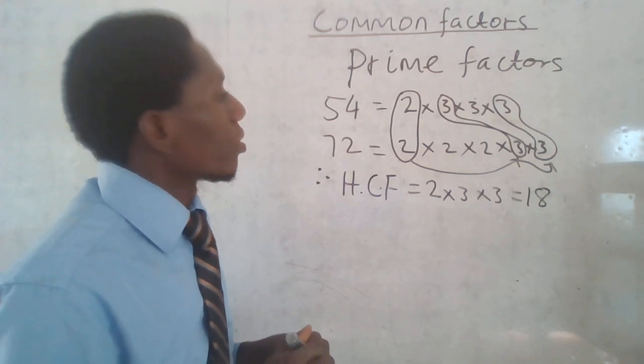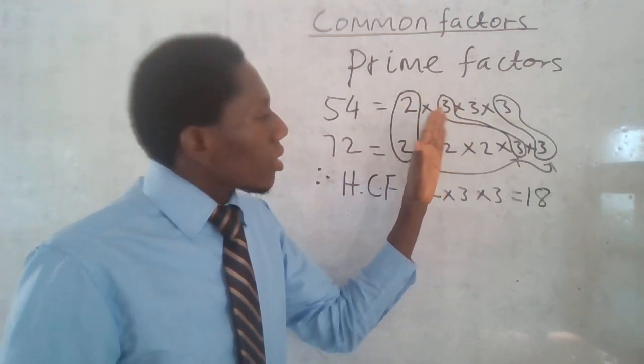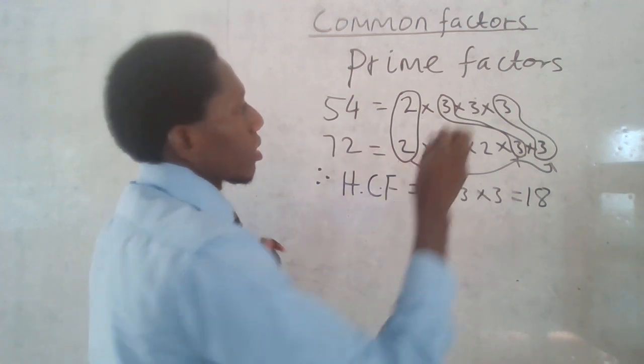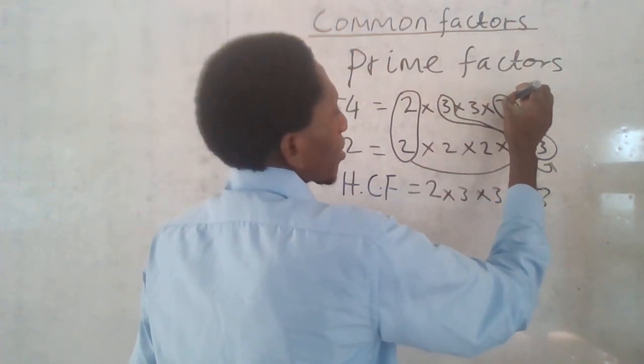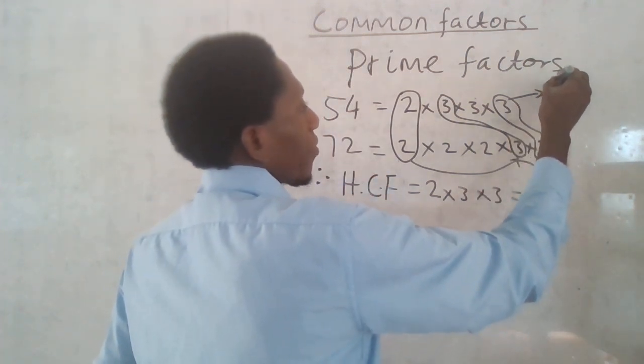But now, which of these factors here are prime factors? This is what we're talking about. You can see that these are prime factors. You see, 3 here is a prime factor.